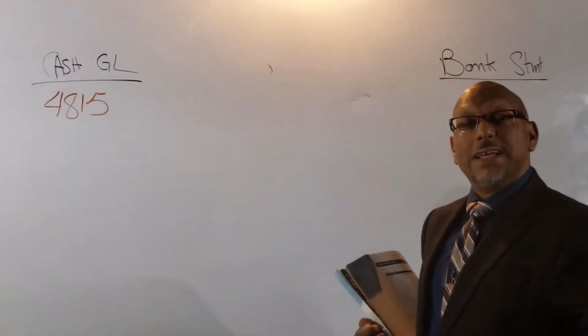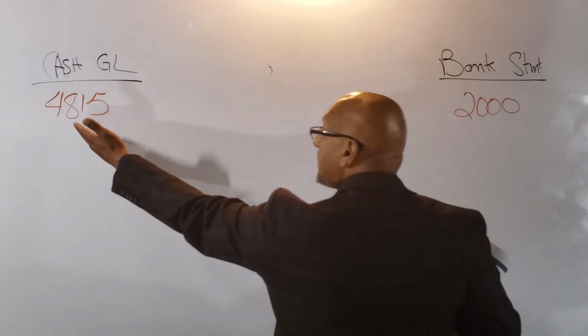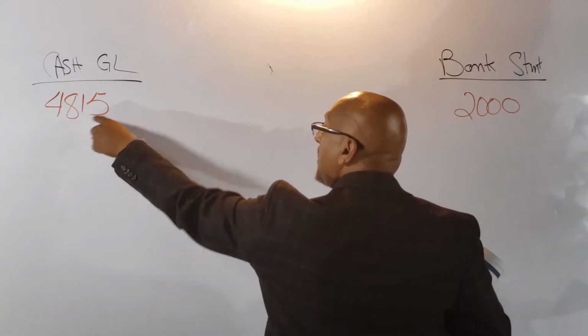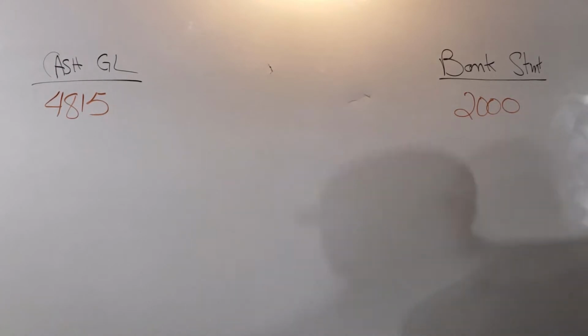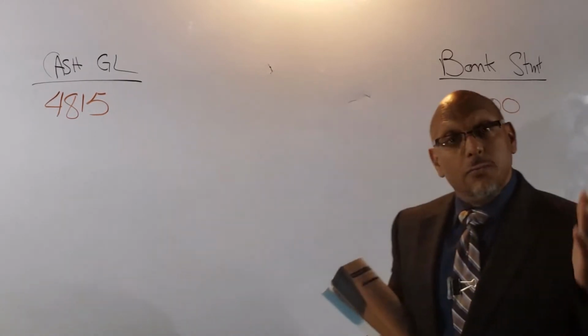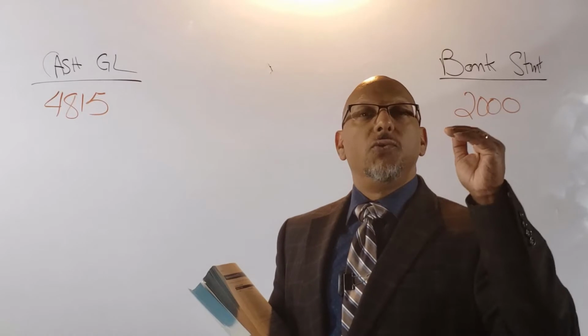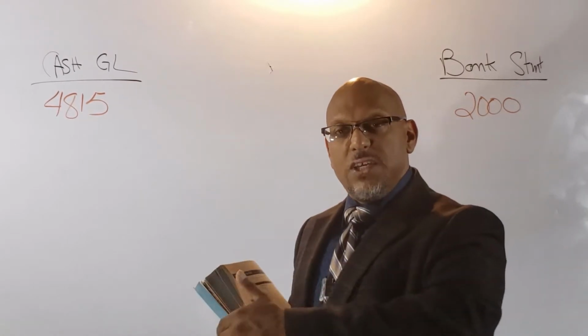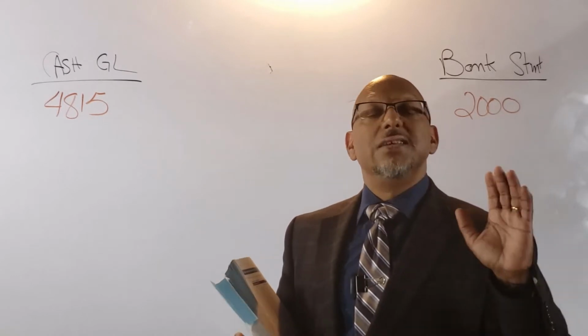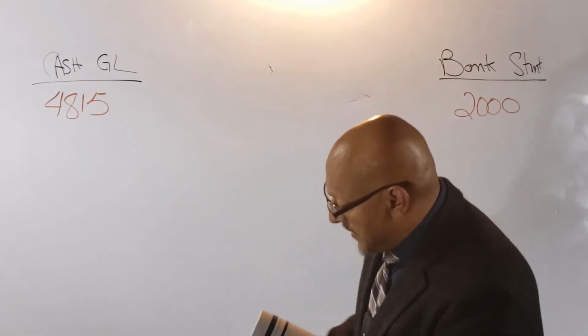Already we know we're not in sync, because we're saying in our books that we have $48.15 of cash, that's a debit balance, and the bank says there's only $2,000 in the bank. Why? Well, what we should do is go through every line from bank to GL or GL to bank and see what the differences are.